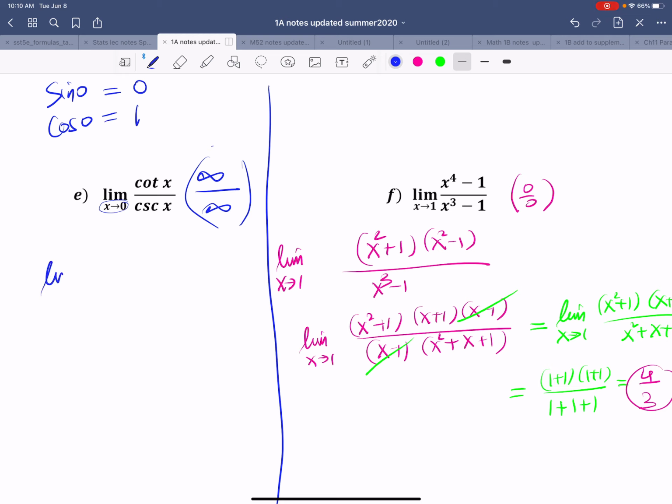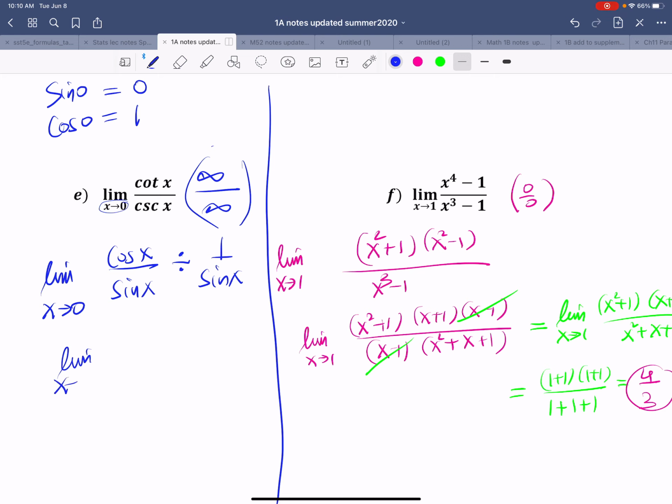So how do we handle this indeterminate form? Let's express them in terms of sine and cosine and see if we can simplify from there. Cotangent x is cos x over sine x, and we're dividing it by cosecant x, which is 1 over sine x.